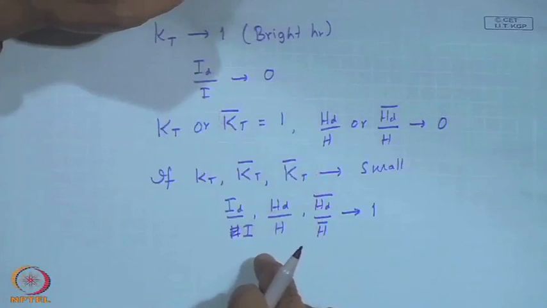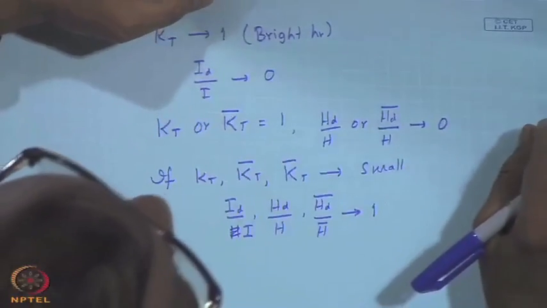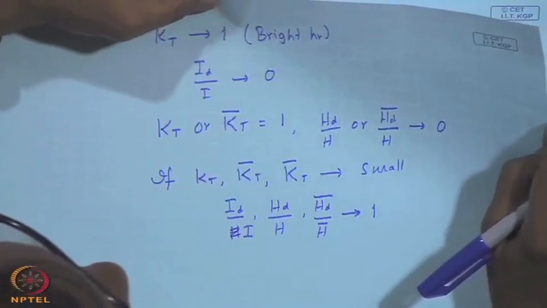This is a physical thing that I can expect, and it has a better relation with respect to the actual measurements of the diffuse fraction correlated with this parameter K T. So, K T I can calculate once I have the measurement of I only, and I can find out the diffuse fraction from these relations once we develop them. Okay.